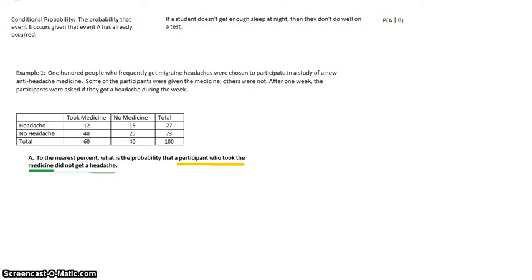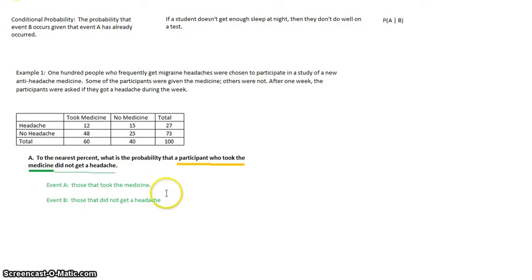I'm going to type that up for you. Event A is those that took the medicine, and event B are those that did not get a headache. Those are the two events we're going to deal with.